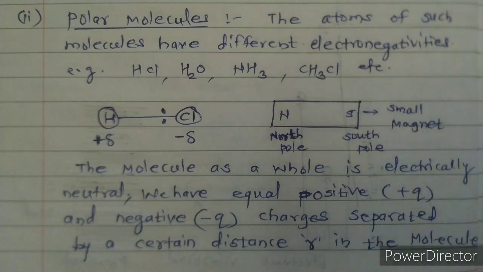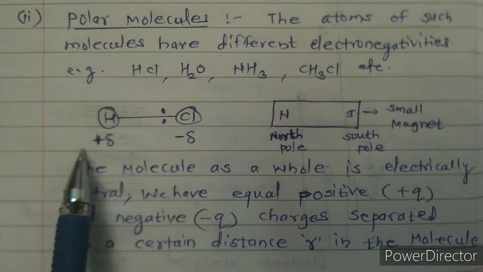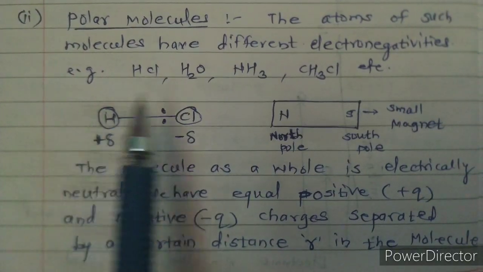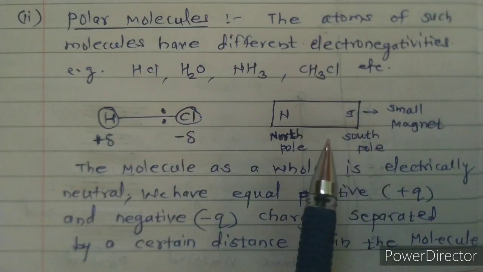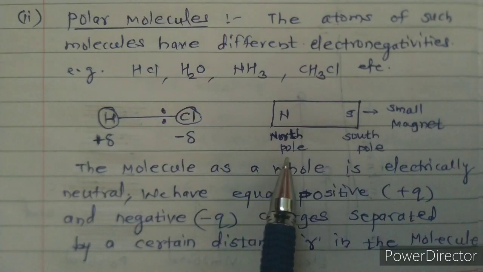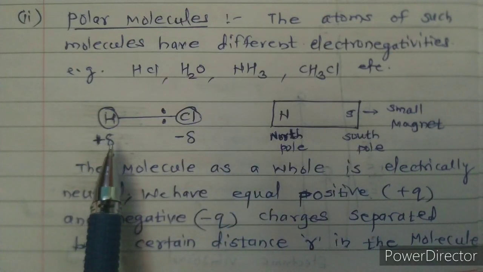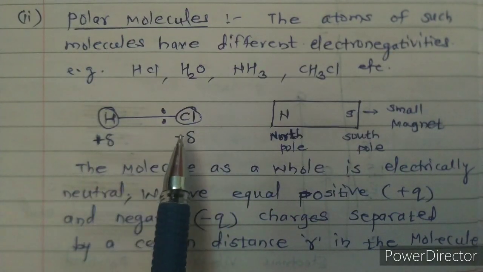Due to the difference in electronegativities, the HCl molecule acquires partial positive and partial negative charge. So it acts as a tiny magnet. A magnet consists of a north pole and a south pole. Similarly here we have partial positive charge on hydrogen and partial negative charge on chlorine.